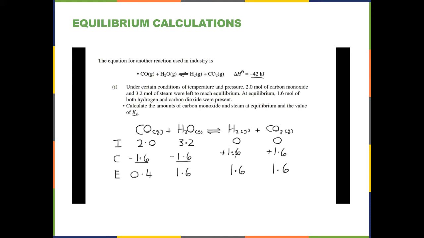At the end, you have the concentrations shown at the bottom, and that gives you the answer to the first part of the question, which is the carbon monoxide and steam equilibrium concentrations. Then you put this into a reaction quotient calculation, and it tells you the equilibrium constant.